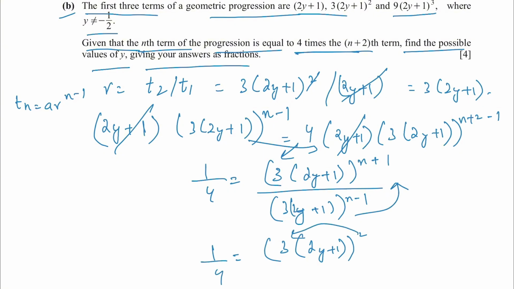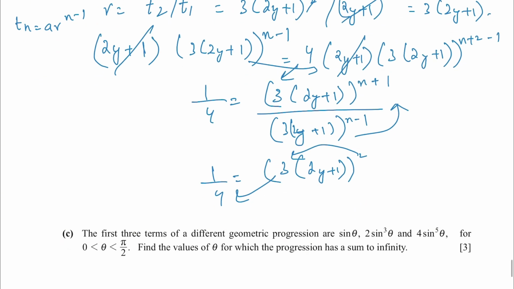We can take the power of 3 and then multiply it over there. So 3 squared would be 9, and 1 over 4 would be 1 over 36, equals (2y plus 1) whole squared. And then what we can do is take the square root of both sides. So this would be plus minus 1 over 6, equals 2y plus 1.